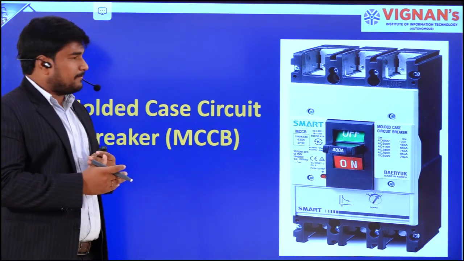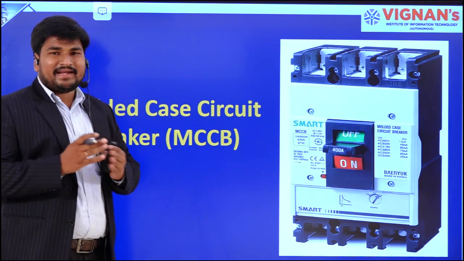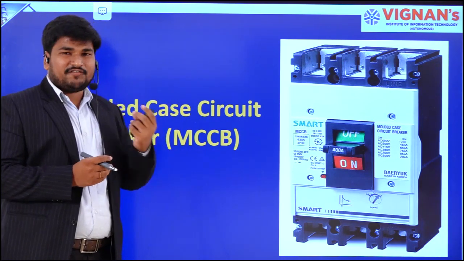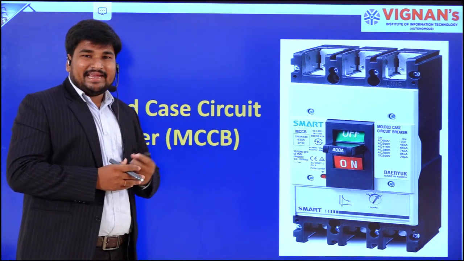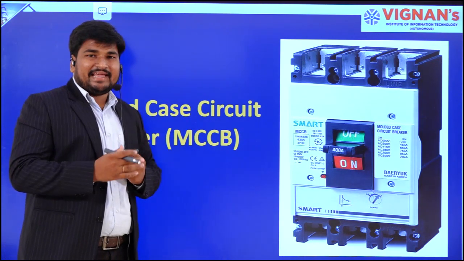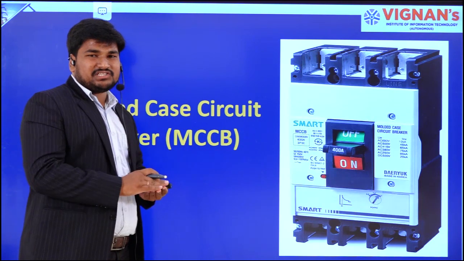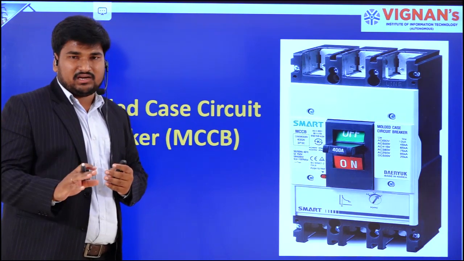The difference between MCCB and MCB is the operating range. That means in case of MCB it will work for lower currents, but in case of MCCB it can operate for any type of currents. That means from lower currents to maximum currents in terms of kiloamperes as well, right?